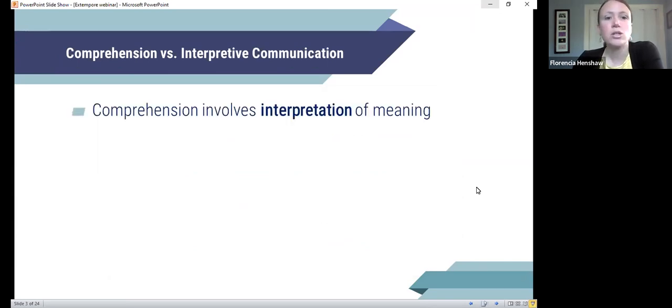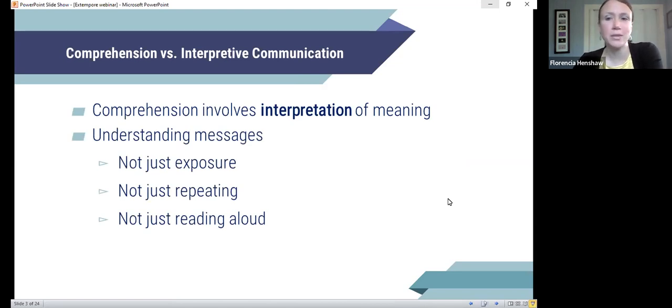Why? Because comprehension involves interpretation of meaning, interpretation of the language. Without comprehension, it would be hard to have interpretive communication. You can interpret things without language, but when it comes to interpretive communication, we're talking about language being involved somehow.